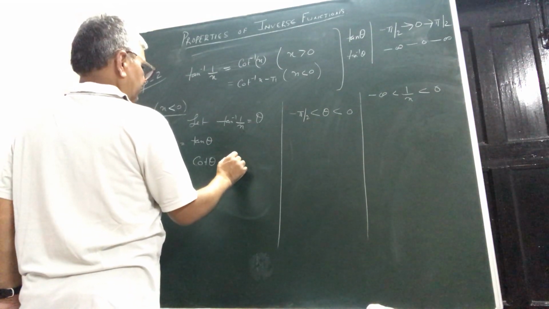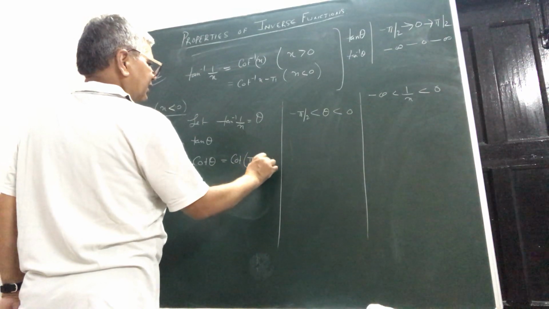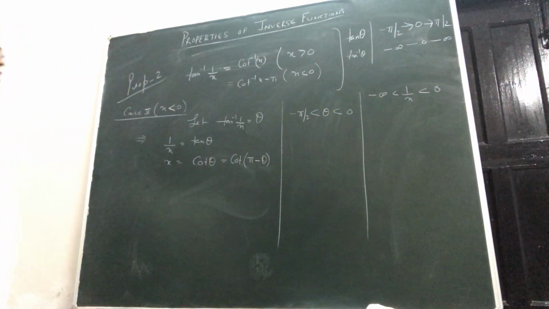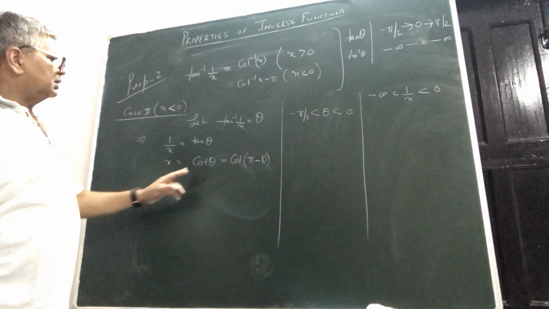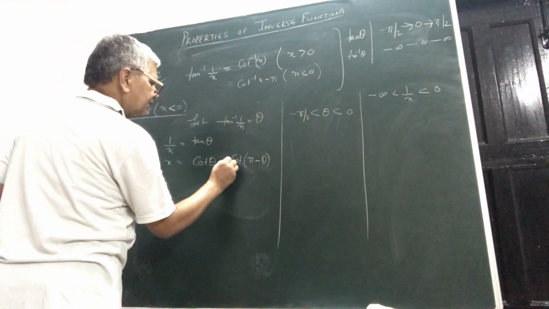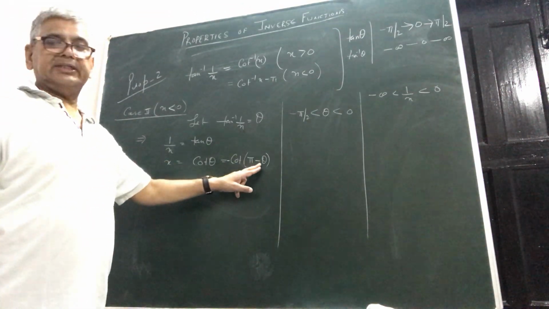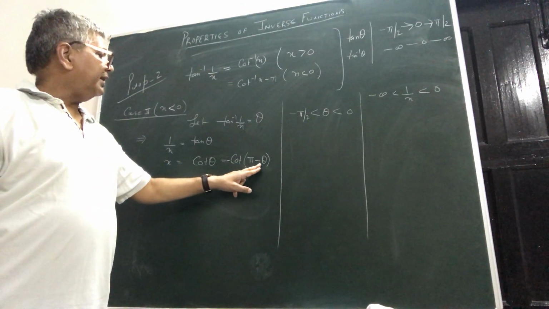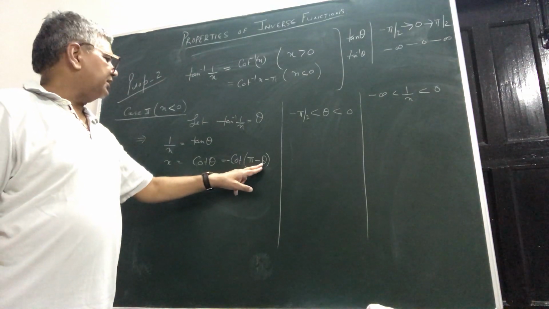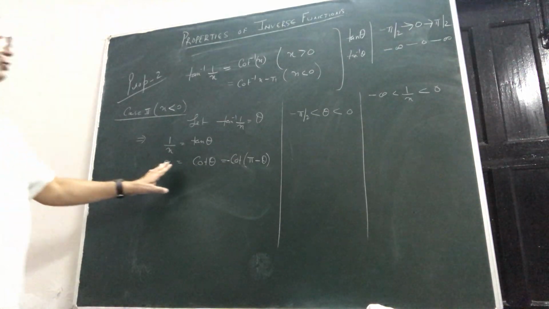So cot will be cot of pi minus theta. Let us see where it goes. Or it will be minus cot. Cot theta we can write like this, minus cot of pi minus theta, because cot of pi minus theta will be minus cot theta, and this minus with that minus will become plus.